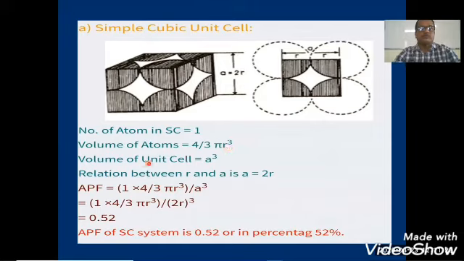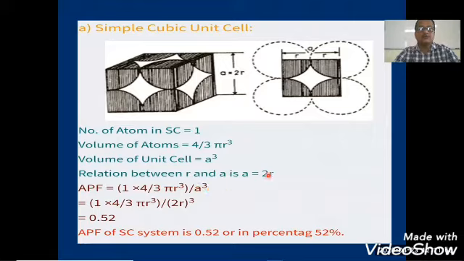Now the volume of the unit cell is a³, and the relationship between r and a is a equal to 2r for simple cubic unit cell. So we substitute the values. The atomic packing factor is equal to the total volume occupied by the atom, which is 4/3 πr³, to the total volume of the cubic unit cell, that is a³.